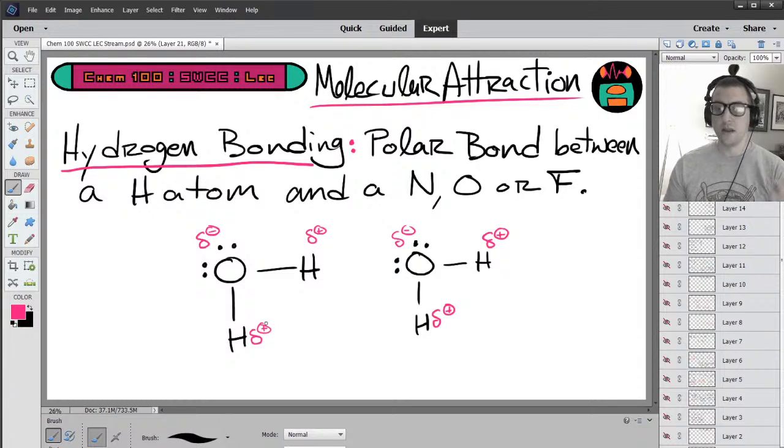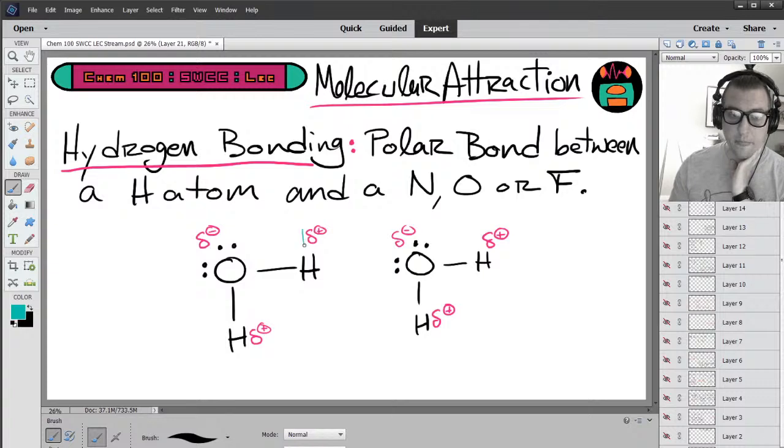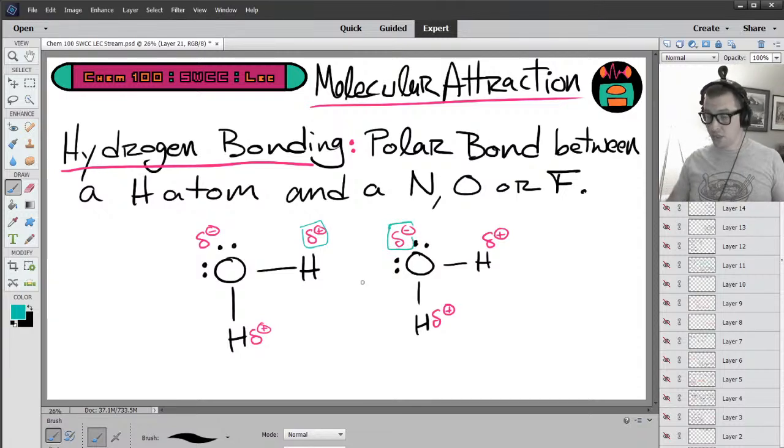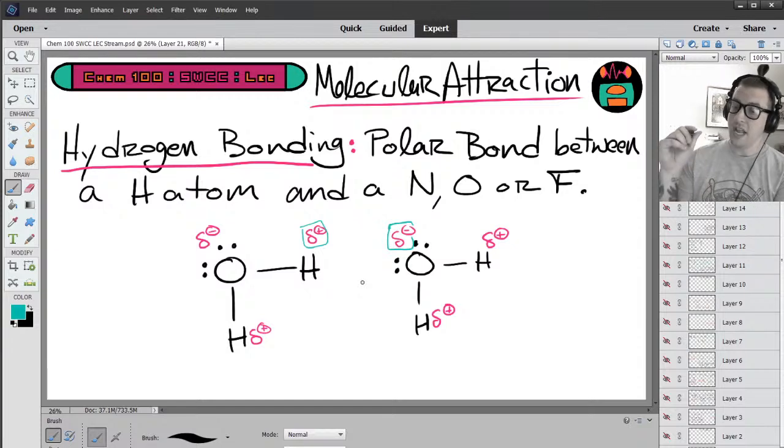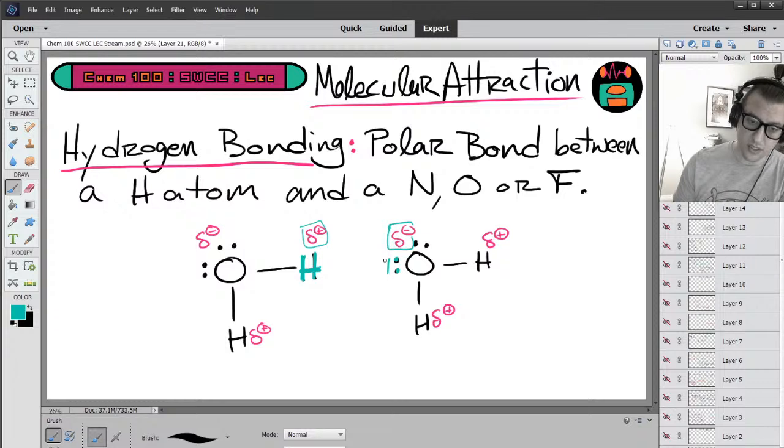So, partial negatives, partial positives. The partial positive on hydrogen attracts the partial negative on oxygen, because opposite charges pull each other together. And what happens is the negatively charged electrons on one oxygen reach out towards the partial positive charge on the other hydrogen.